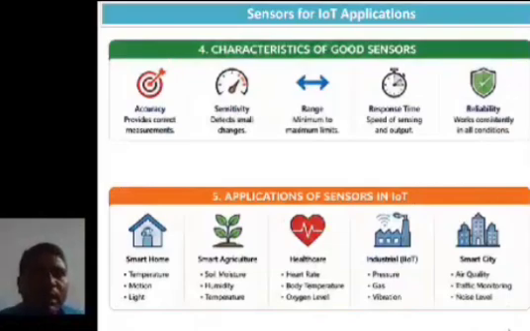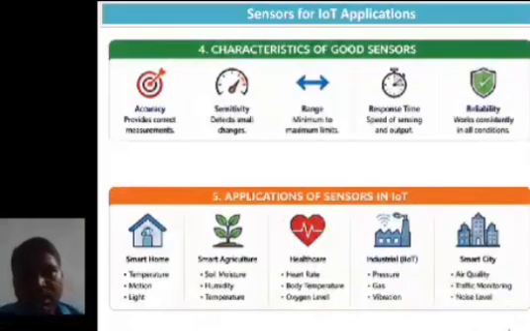In smart agriculture, we use soil moisture, humidity and temperature sensors. In healthcare, heart rate and temperature sensors are used for patient monitoring. Sometimes we need body temperature and oxygen level, so to measure these parameters we need sensors for healthcare applications.